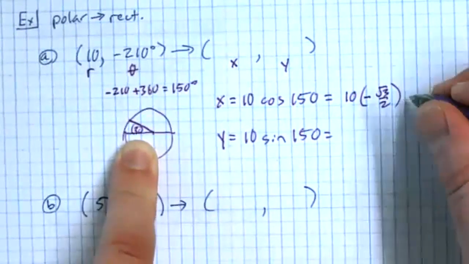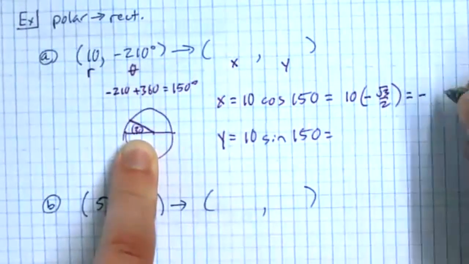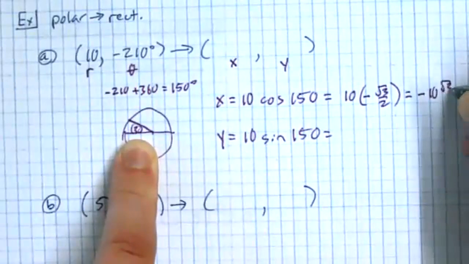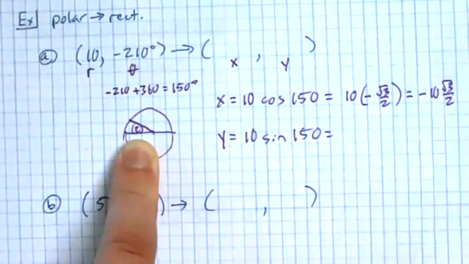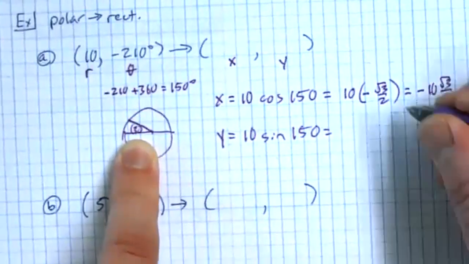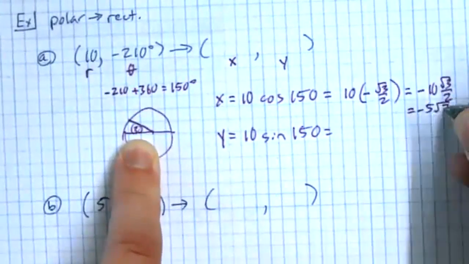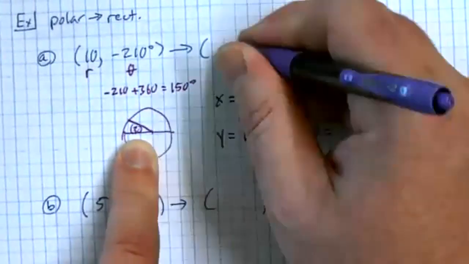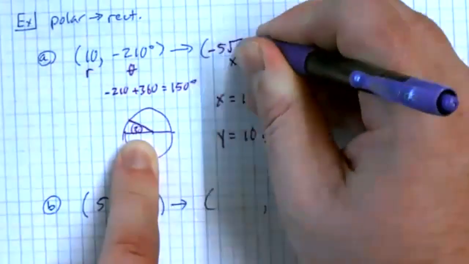So 10 times negative root 3 over 2 is negative 10 root 3 over 2, or we could simplify that: negative 5 root 3. So my x coordinate is negative 5 root 3.